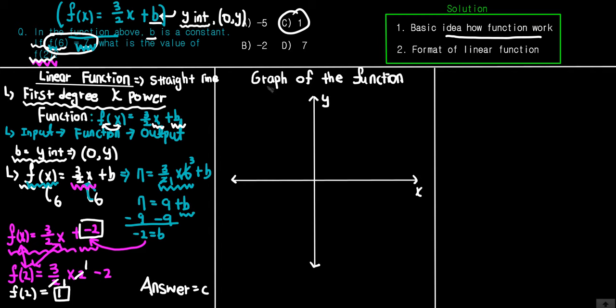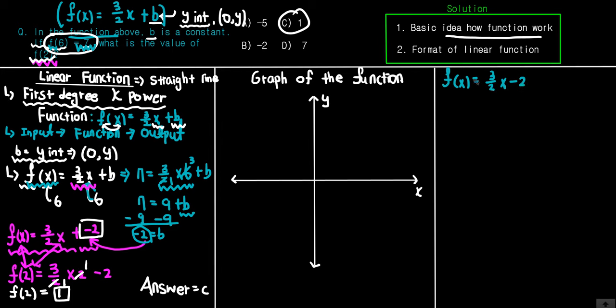So if you think about the graph of this function, we can write our function down that f of x is equal to 3 over 2x plus b, where b is going to be -2. So f of x is equal to 3 over 2x minus 2.